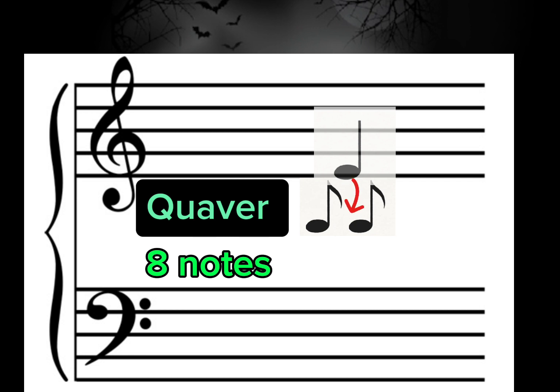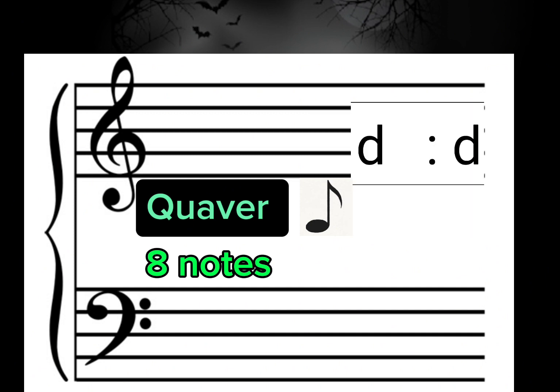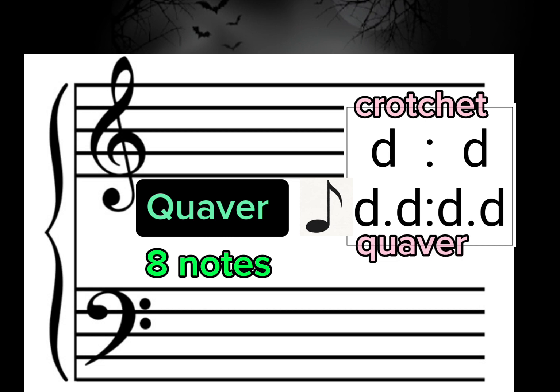A crotchet is one beat in a bar. But coming to the quaver, it is just like a half beat in solfa notation. So instead of singing do do in crotchets, in quavers you have to divide the same do do into 2. Do do do do.